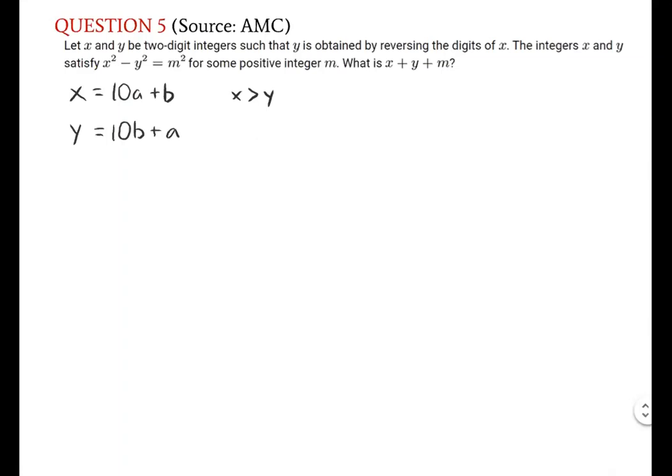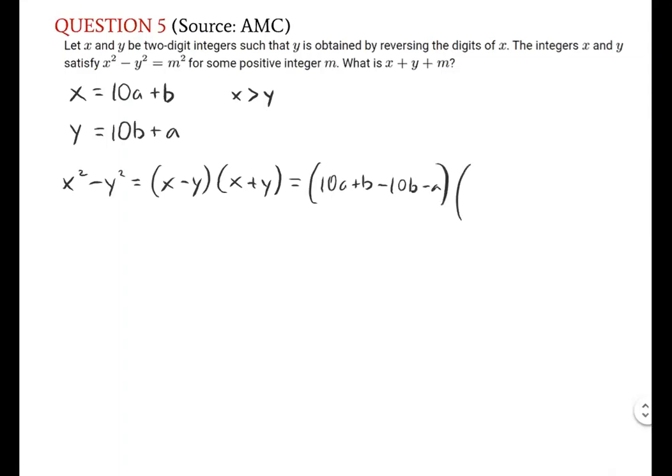So we can express x squared minus y squared as x minus y times x plus y. So then we can substitute in to get 10a plus b minus 10b minus a times 10a plus b plus 10b plus a.